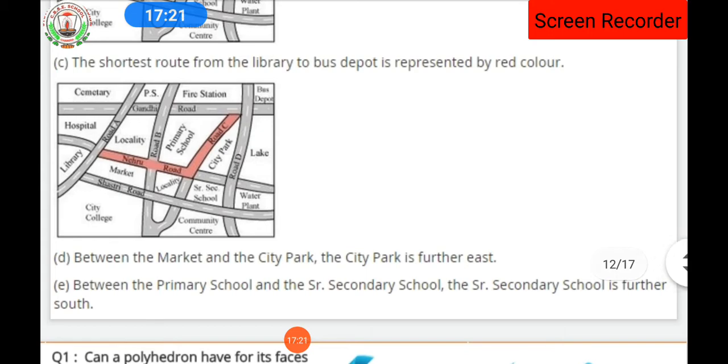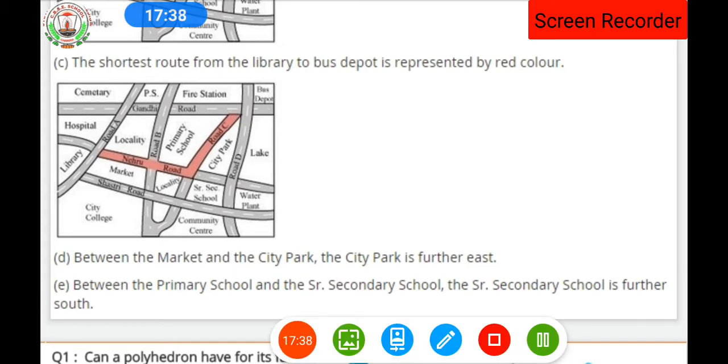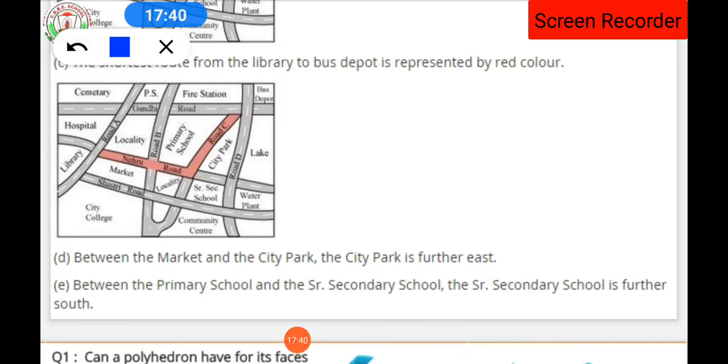Now moving toward the D part of the question. In the D part of the question it is asked that which is the further east, the city park or the market. So between the market and the city park, the city park is in the east direction. सिटी पार्क इज लोकेटेड एट द ईस्ट डायरेक्शन.